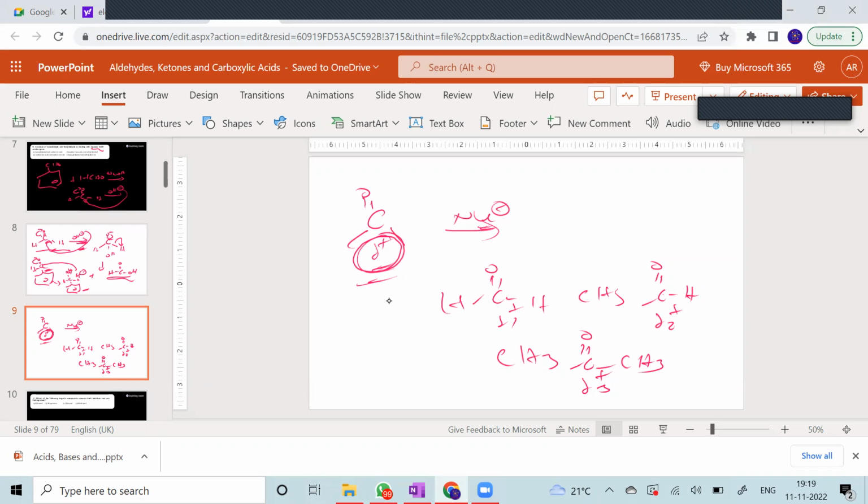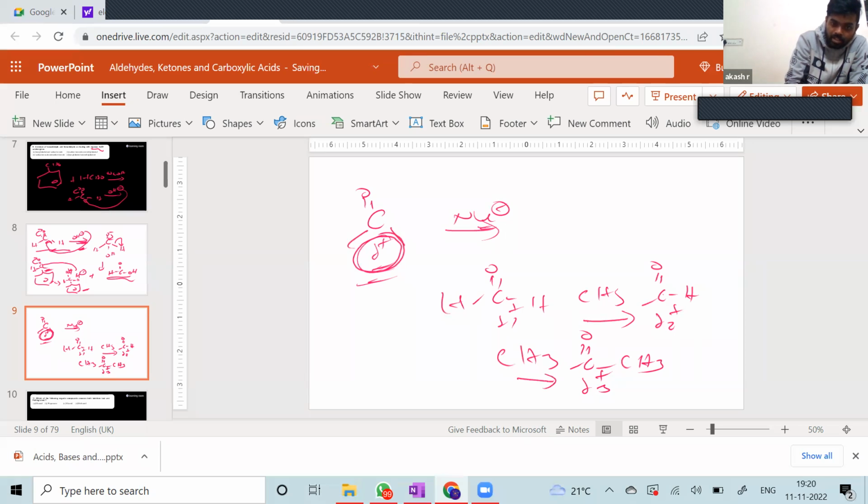Third one. Why? Sir, CH3, it's an electron donating group. Absolutely. Now we can understand that all your alkyl groups are electron donating in nature. Is it not? That's the reason why this electron donating means negative charge is coming towards the carbon. So obviously this del 3 plus would have been the least value because electron donating groups are present, and del 1 plus will be the greatest.